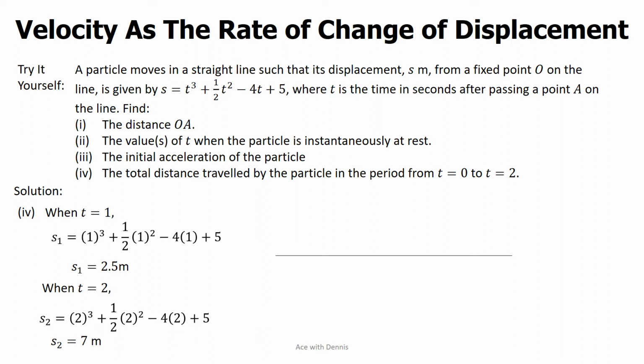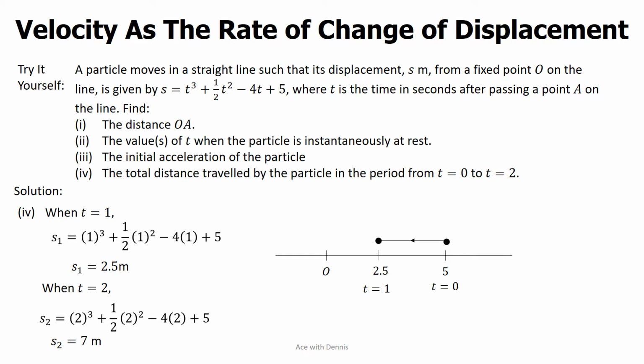And now we can sketch the diagram. This is the reference point O. When t equals 0, it starts at point A, which is 5 meters from O, and it moves towards O. When t equals 1, its displacement is 2.5 meters.